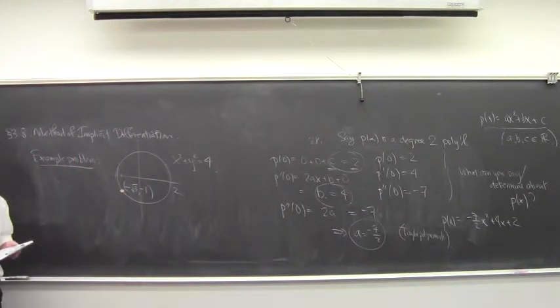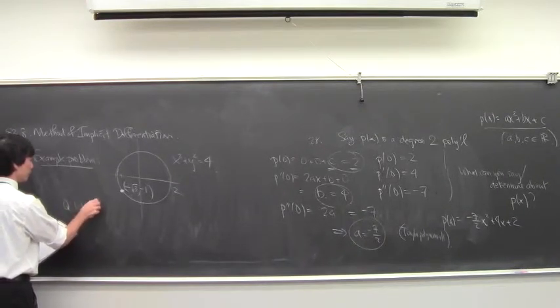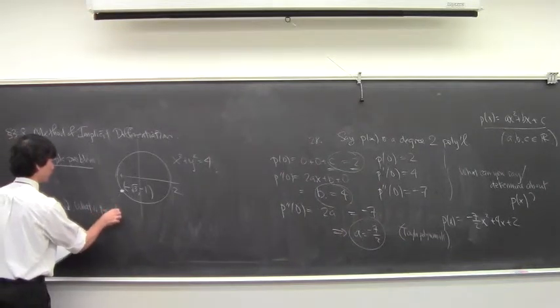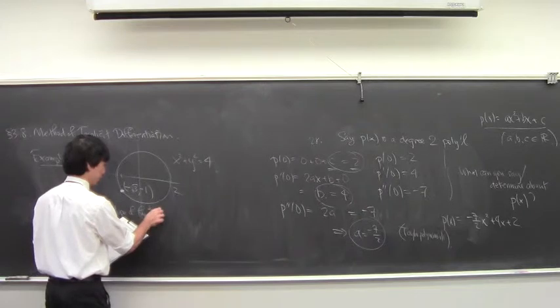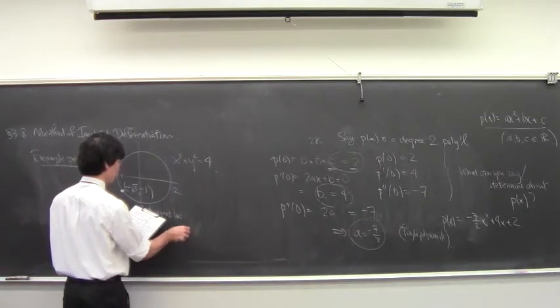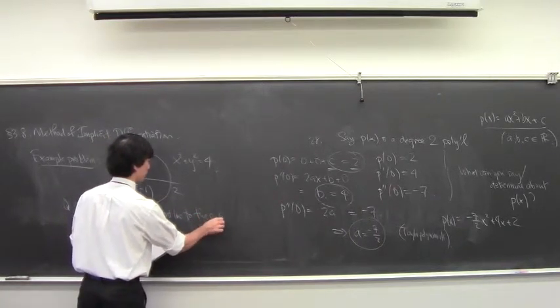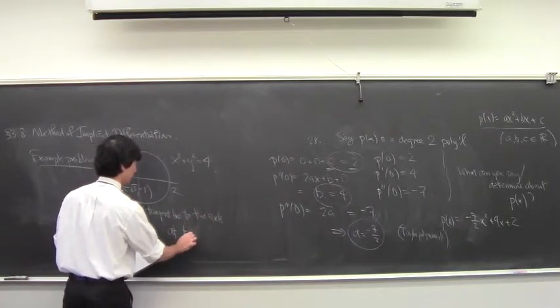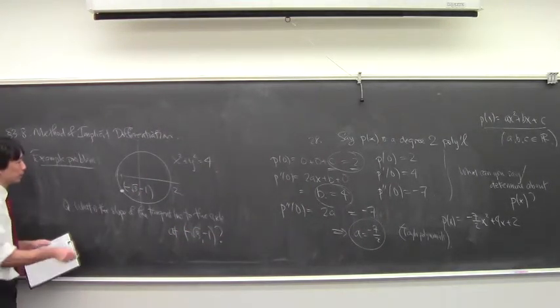So here's a point on the circle, (-3, -1). And they ask, what is the slope of the tangent line to the circle at that point? So they want the slope of the tangent.